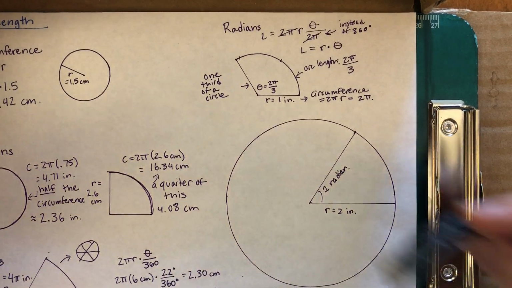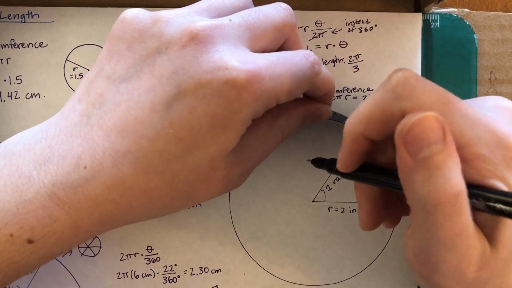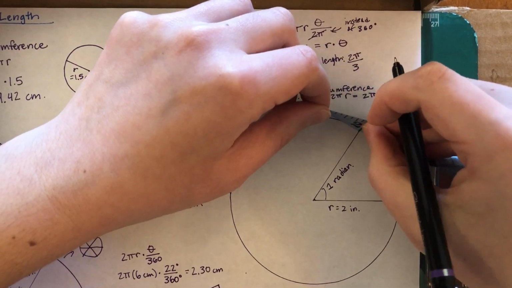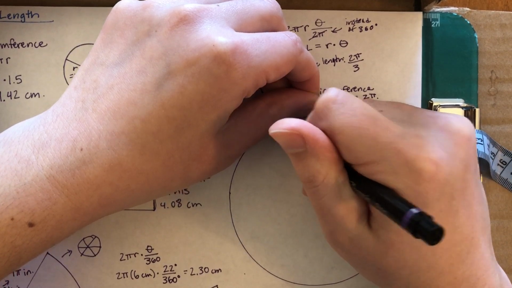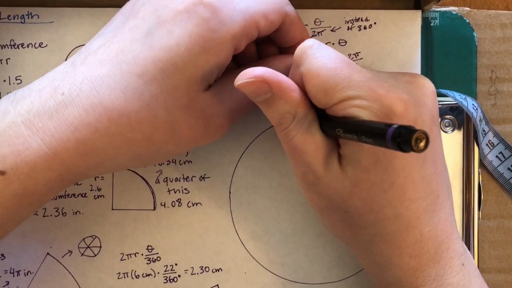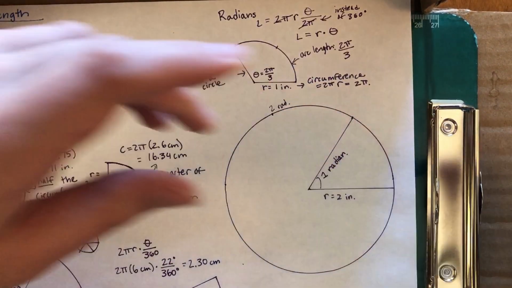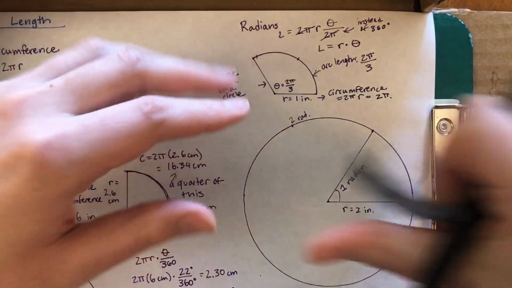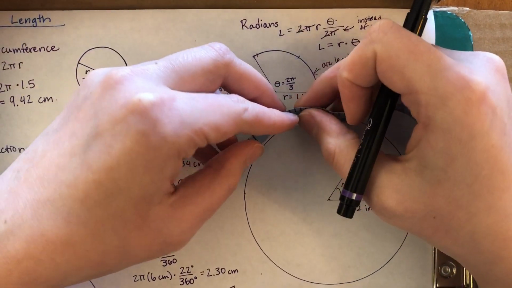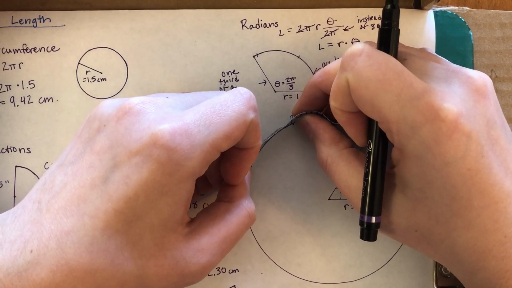Now I'm going to do the same thing. Here's two radians of the way around the circle. Here's one more length of the radius, which is 2 inches.